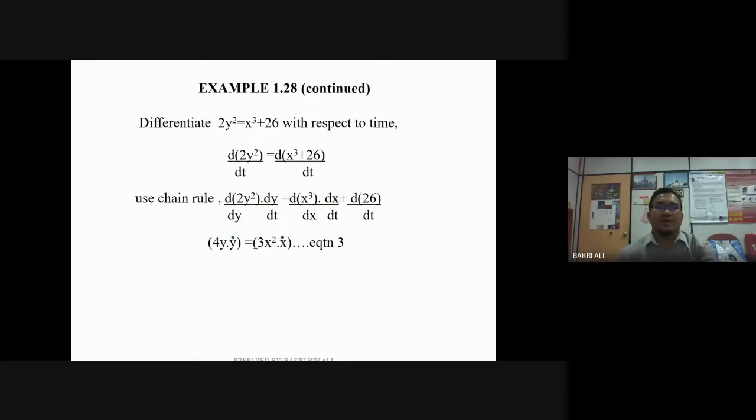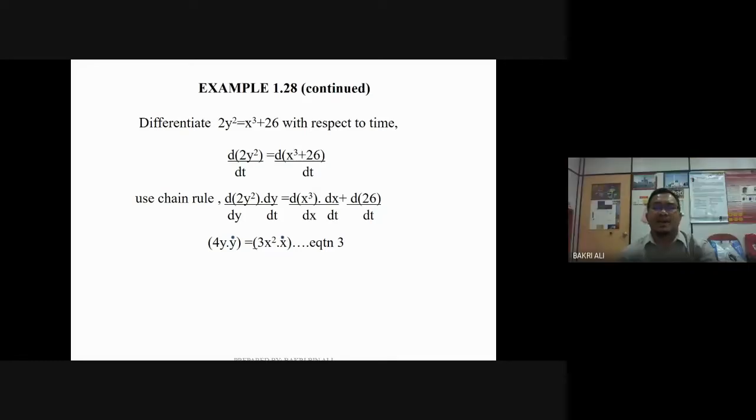To differentiate that function, we need to use the chain rule, meaning we differentiate 2y squared over dy, and to get back the original equation, we need to multiply by dy over dt. So this is known as the chain rule differentiation.